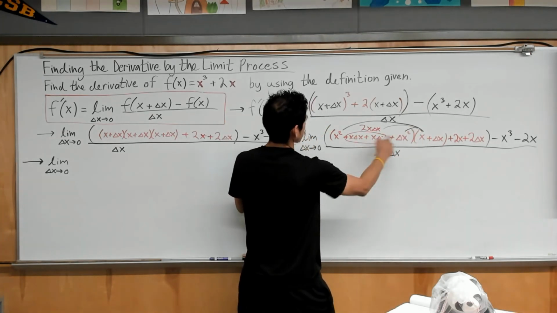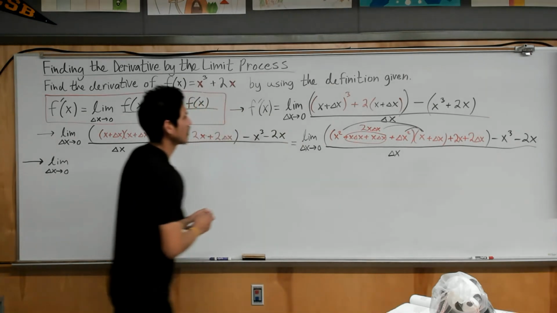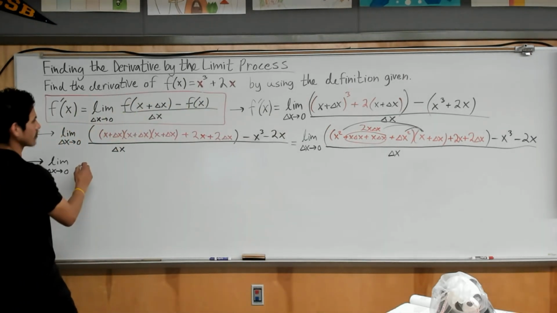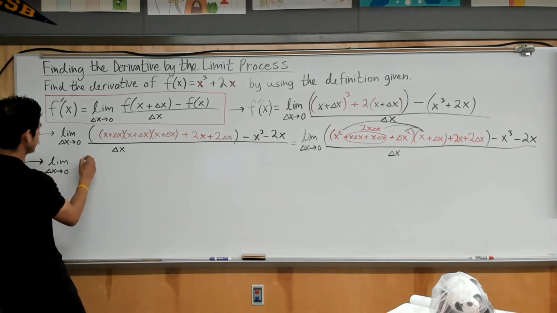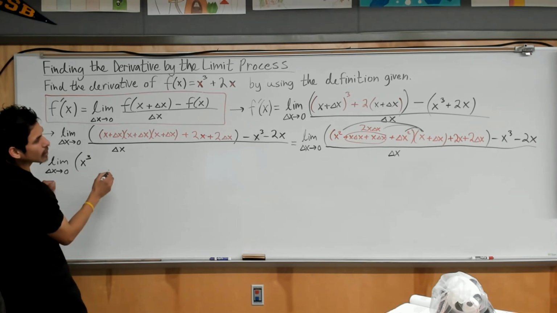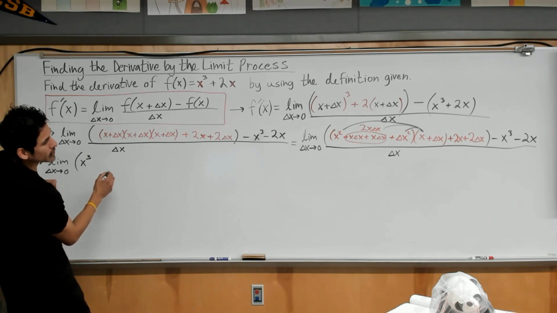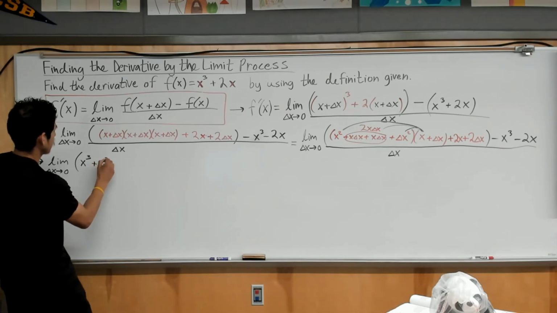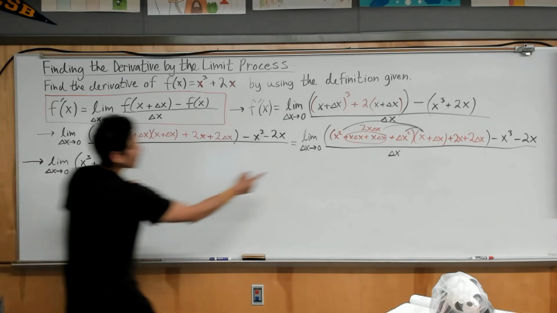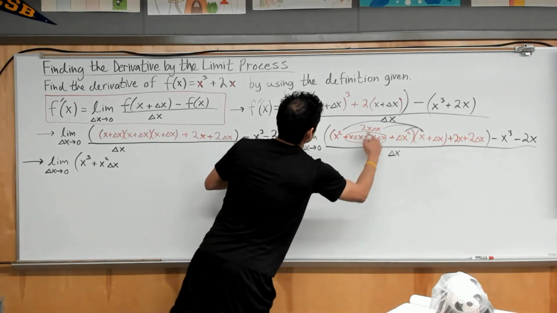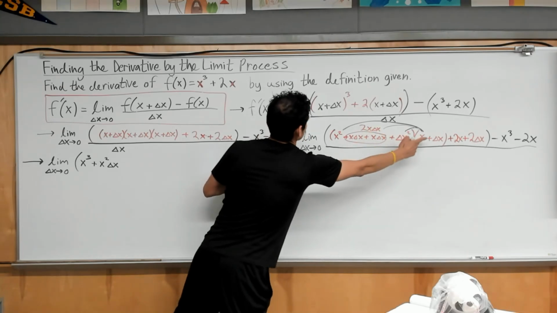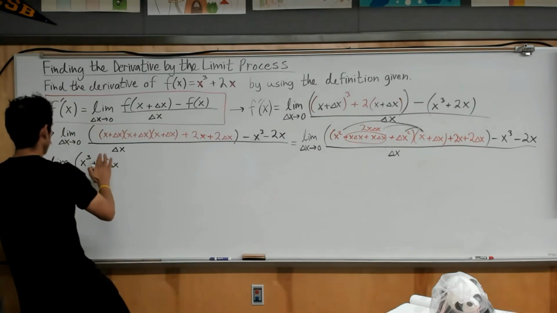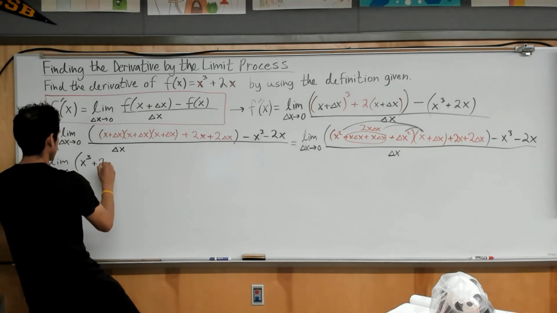We're going to multiply those 3 terms by x. So we'll have x cubed plus x squared delta x, plus 2x squared delta x, plus 2x squared delta x.